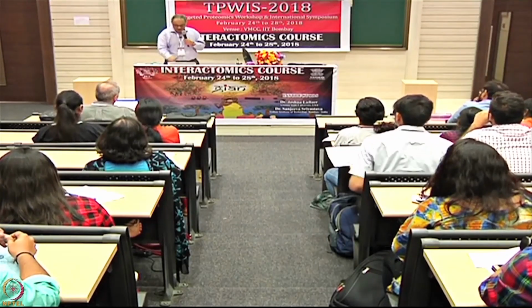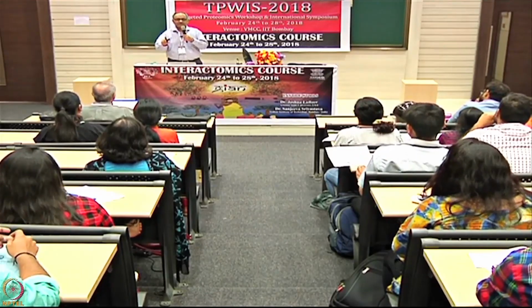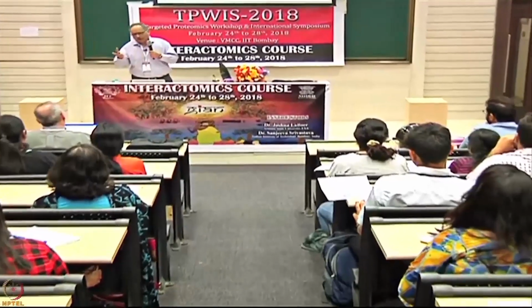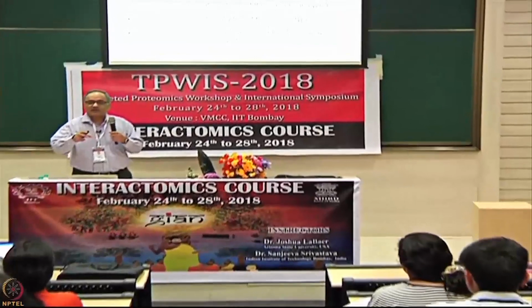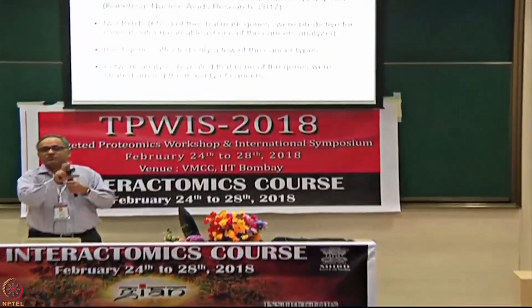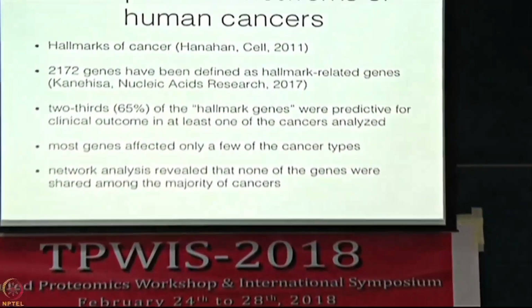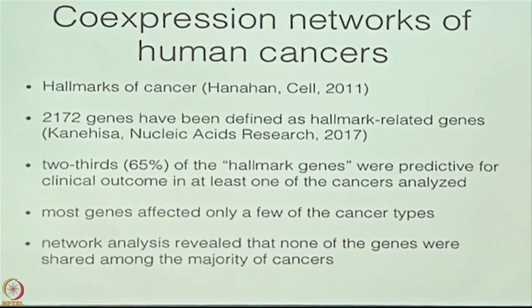So 65% of them matched. So they weren't entirely wrong or entirely right. What we found was that most of those genes which they had identified affected only a few of the cancer types. So we began to think that maybe they didn't get all of them.